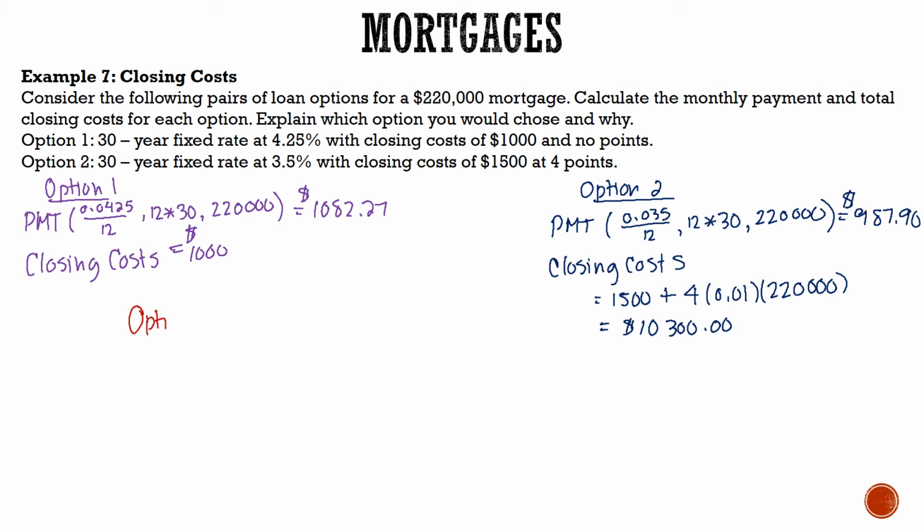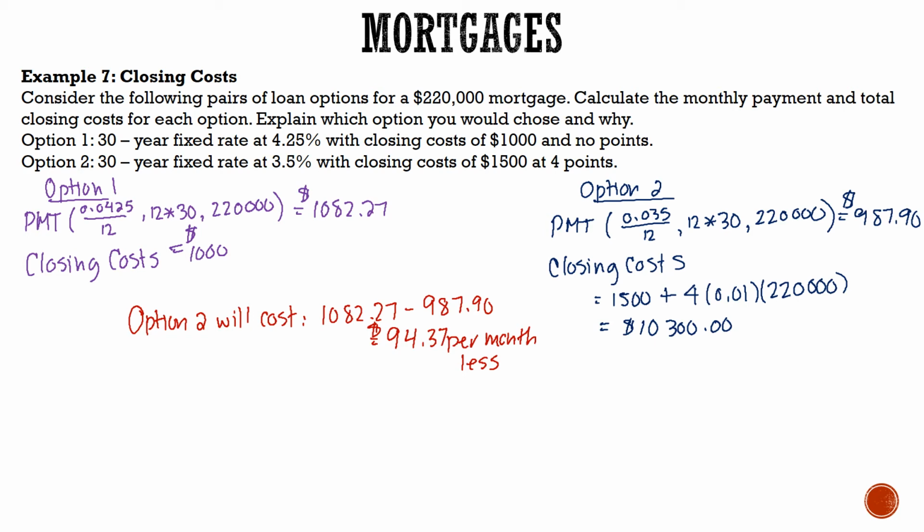So option 2 will cost $1,082.27 minus $987.90, which is going to give us a difference of $94.37 per month less. Okay, so option 2 is going to cost $94.37 less each month. So that's the type of savings we're getting on a monthly basis.